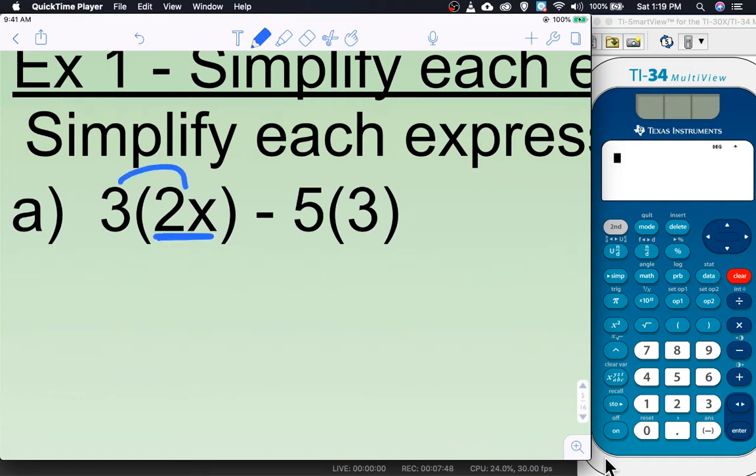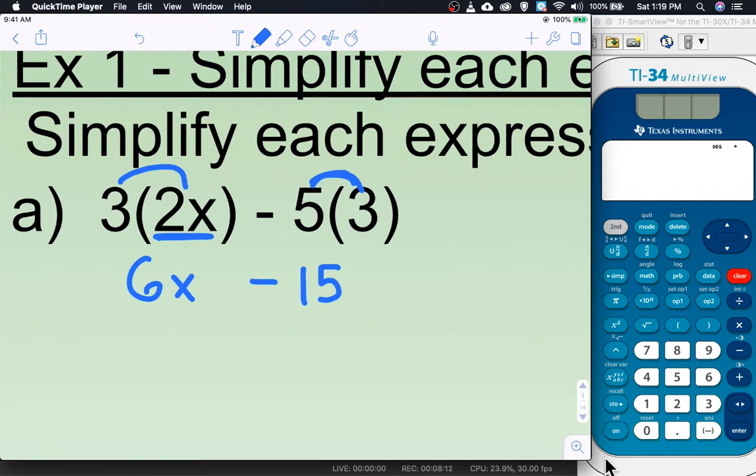The point of it is to get rid of the parentheses. So this will become a 6x. When I multiply here, 3 times 5, that's how I'm going to get rid of these parentheses. I'm going to get a 15.